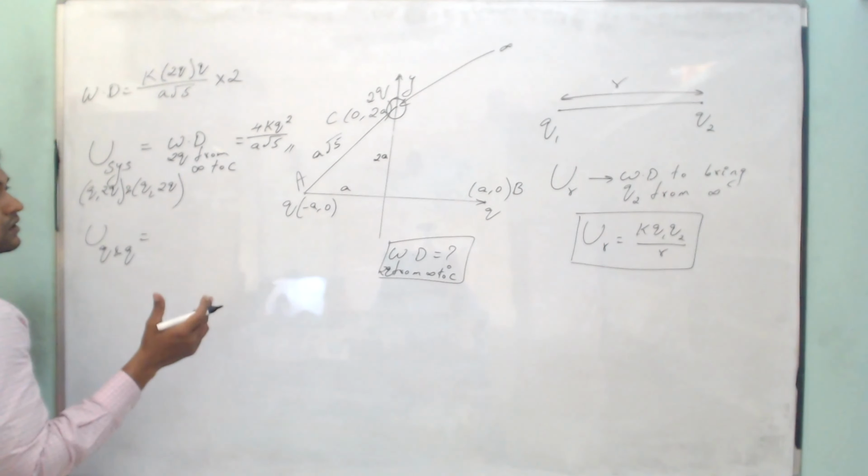But I am discussing the complete situation. First, we discussed the question: work done to bring 2Q from infinity to C. According to this situation, that is the potential energy of the system of these two point charges at A and C.